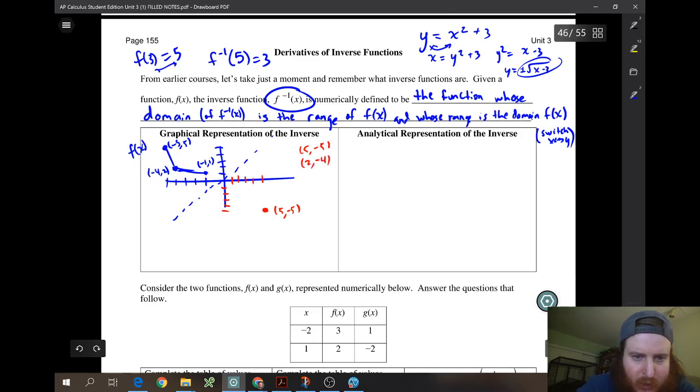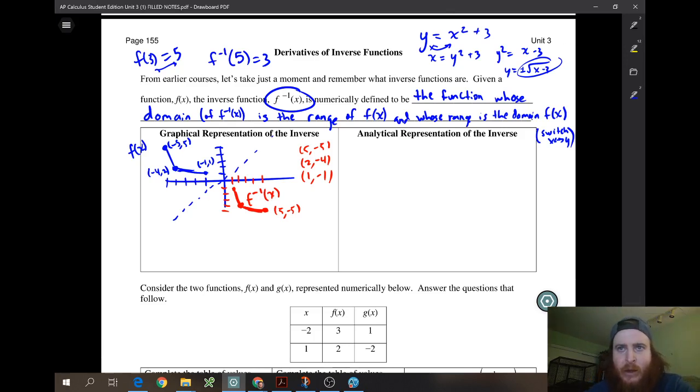We're just switching the x and the y. So we can graph that and connect those. And then if we flip -1, 1, it's going to be 1, -1. So this would be our f negative 1 of x. Don't write f prime. That's not a prime, it's an inverse.